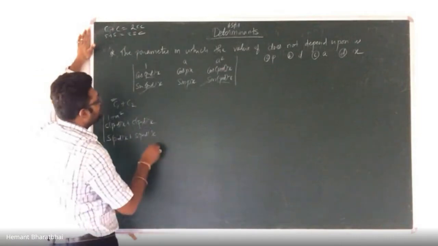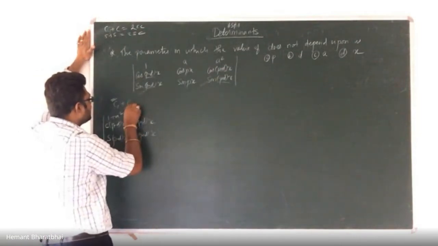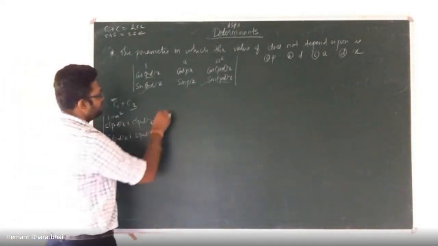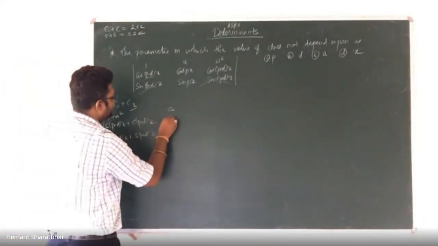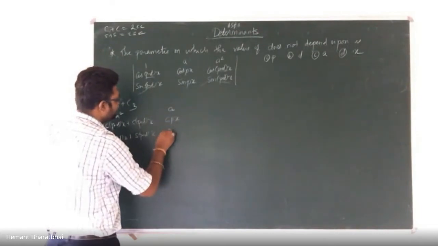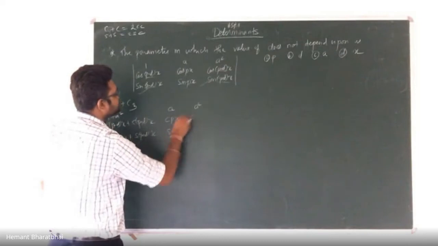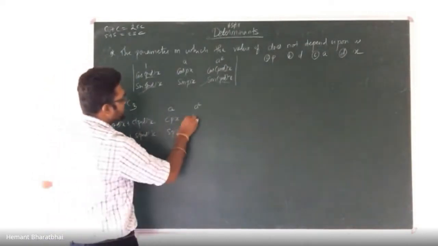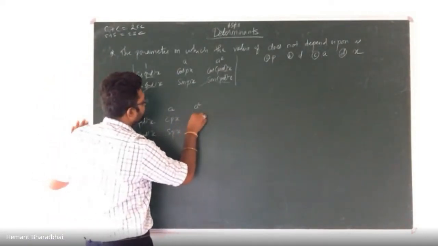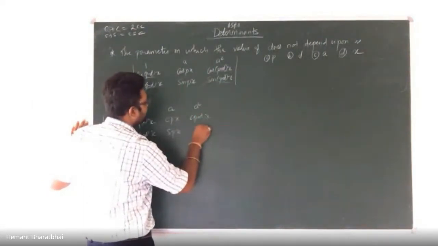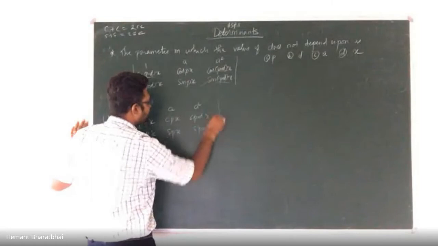Column 2 and column 3 remain as they are. Sorry, I am adding the third column, C1 plus C3. So this will be a, cos px, sin px; a square, cos(p plus dx), sin(p plus dx).